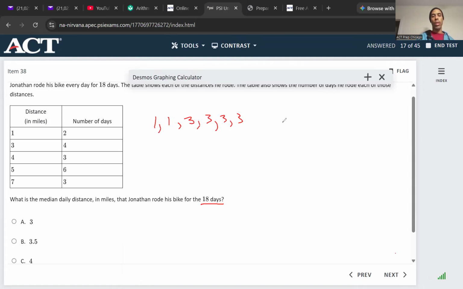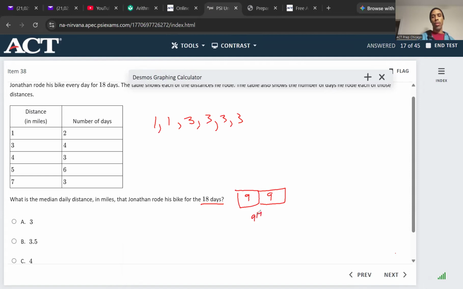If I split 18 up, I get 9 and 9, right? So I don't have a middle number. I got 9 values on the left and 9 values on the right. But to get that middle number, I take the what?